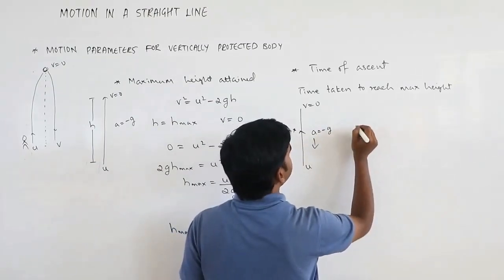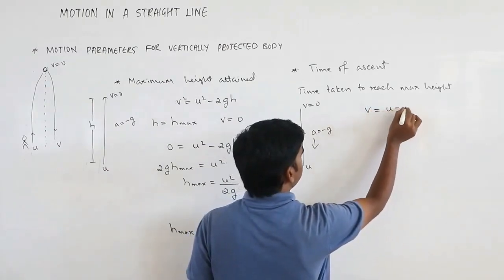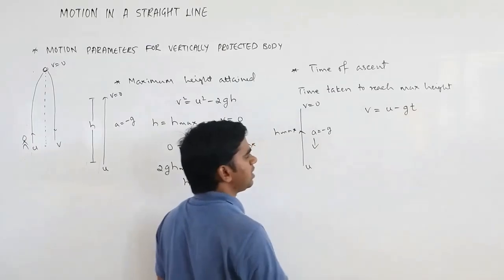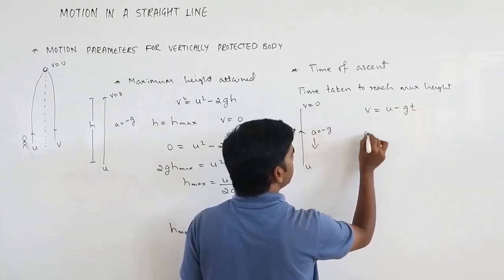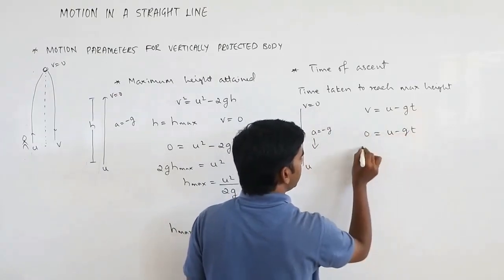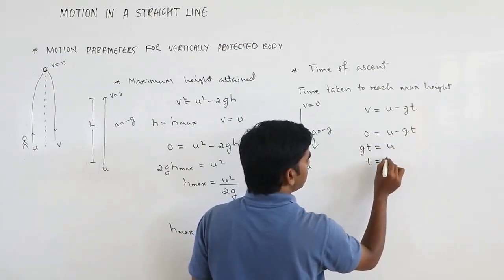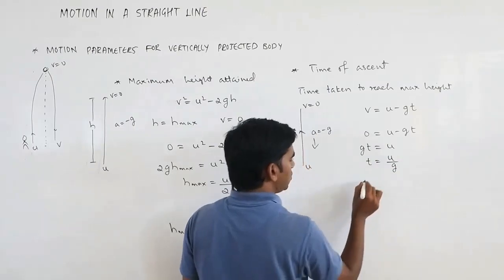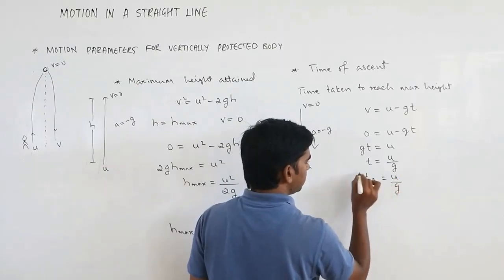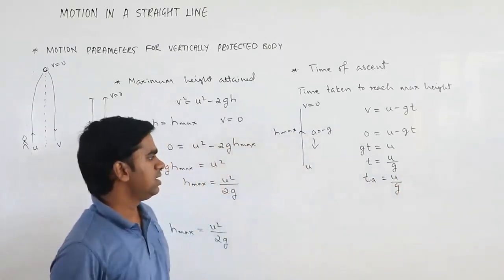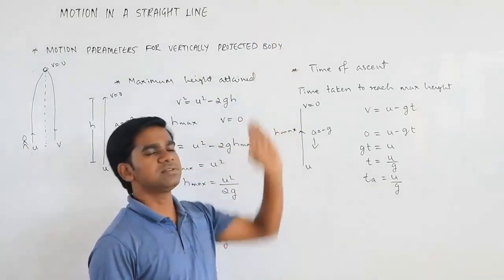You can write v equals u minus g into t. v is going to be 0, so 0 equals u minus gt. So g into t equals u, so t equals u by g. Time of ascent, I will take it as TA. TA equals u by g. This is the time taken to reach maximum height, that is, to go upward.